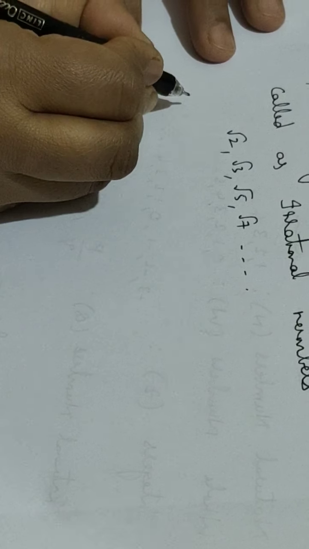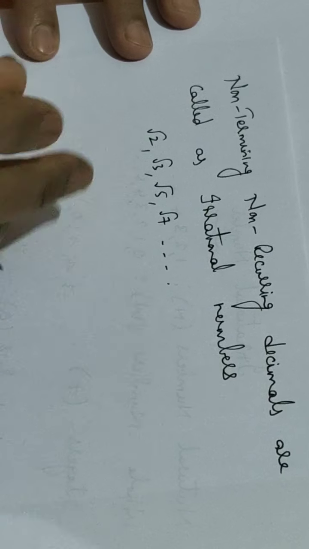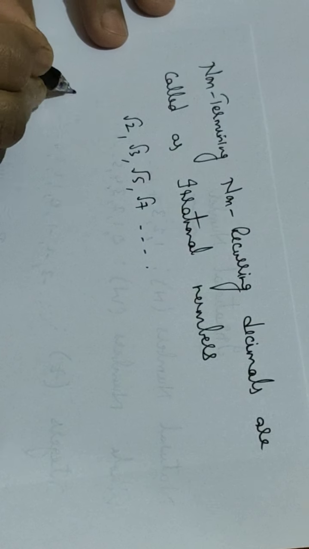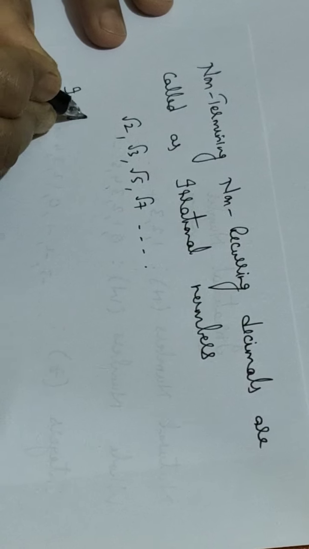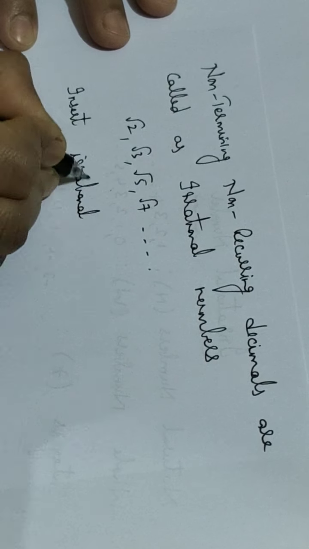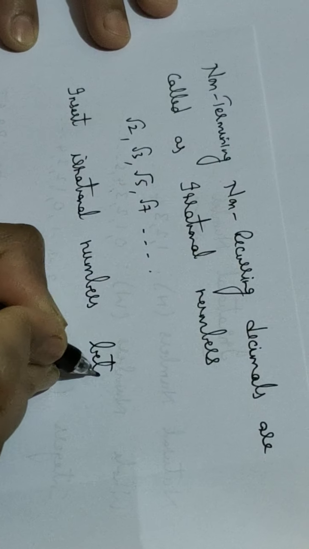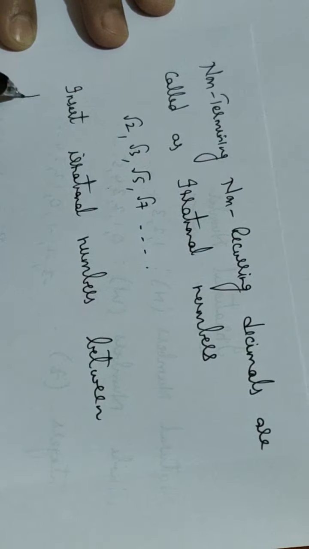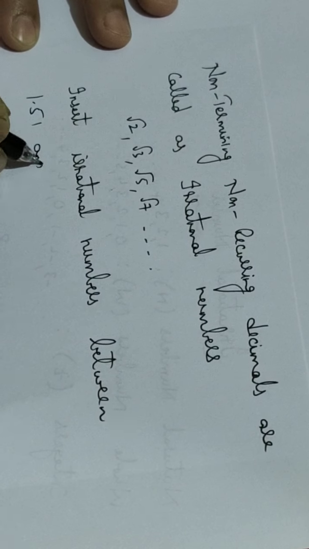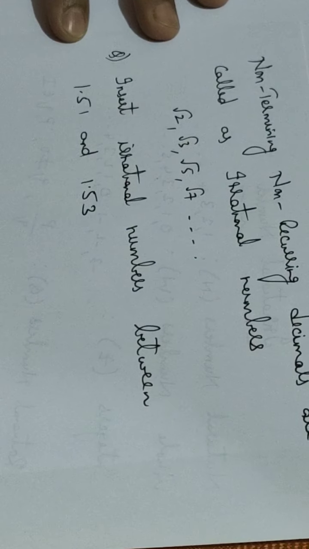Now one more thing: if you want to insert some irrational numbers between any two given numbers. For example, insert irrational numbers between 1.51 and 1.53. This is the question.